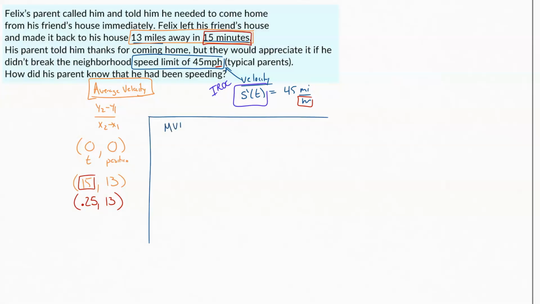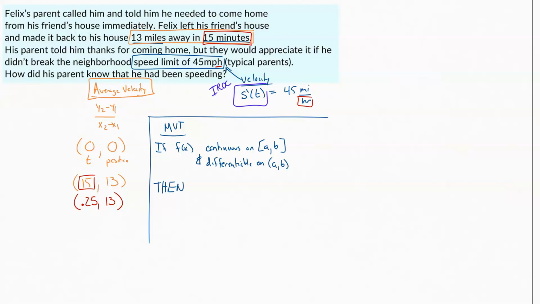So the mean value theorem says if you've got an equation that is continuous on the x interval a to b, and differentiable, it's got to be both of these things, differentiable on the open interval a b.